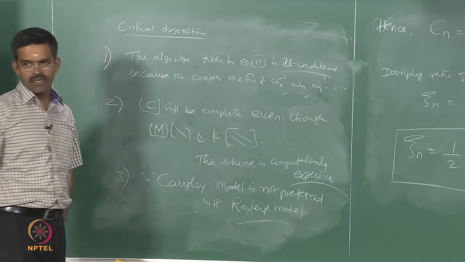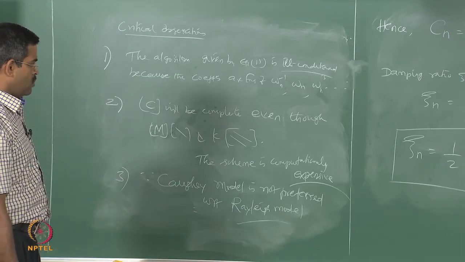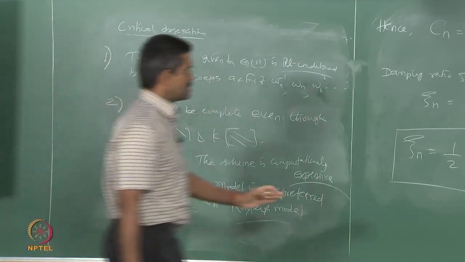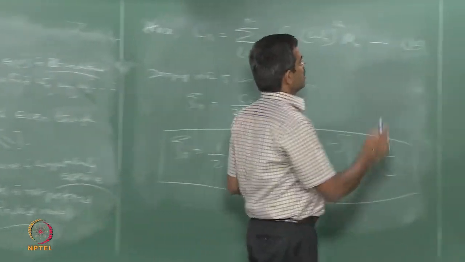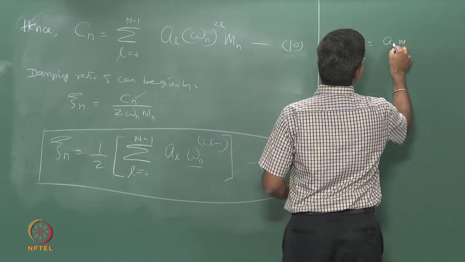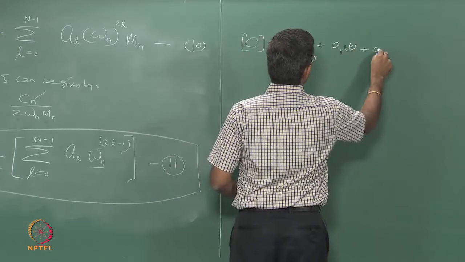So, we will take up an example in next class and work out and see how this can be applied and how you can find the coefficients A0, A1 and A2, because you must understand ultimately Cn or the damping matrix C will be A0 m plus A1 k plus A2 of something.